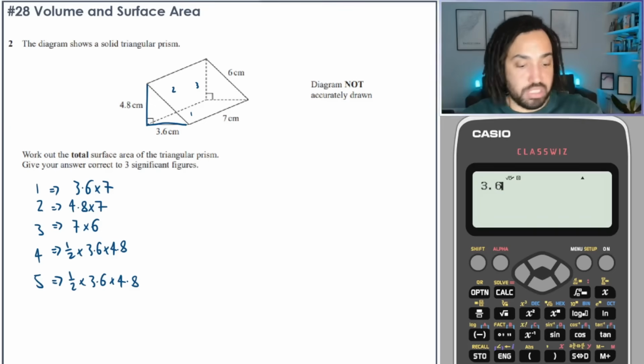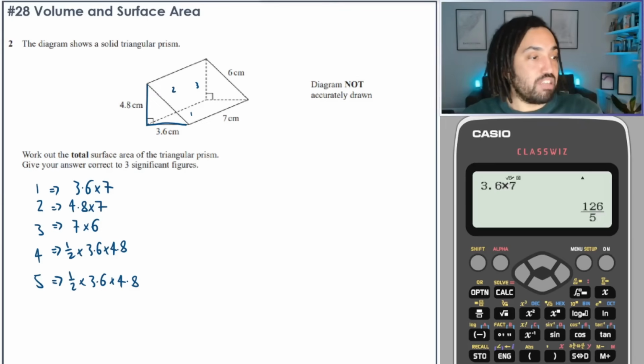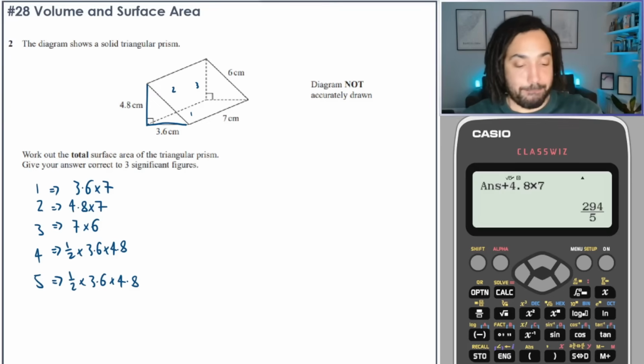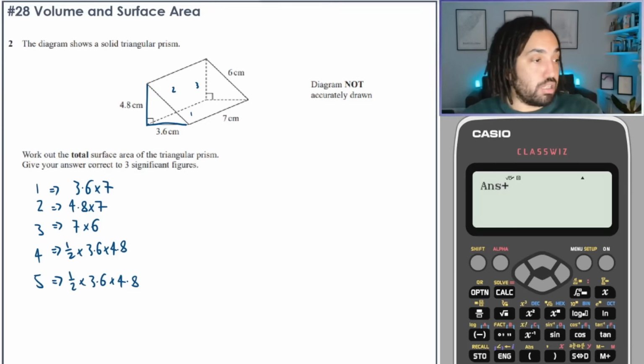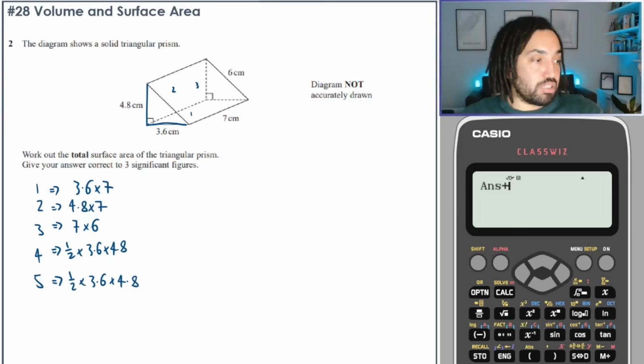So I'll do 3.6 times 7, plus 4.8 times 7, plus 7 times 6, plus, well, I've got 0.5 times 3.6 times 4.8, and I'm going to plus on another 0.5 times 3.6 times 4.8.